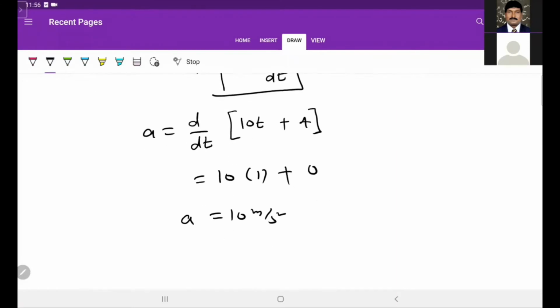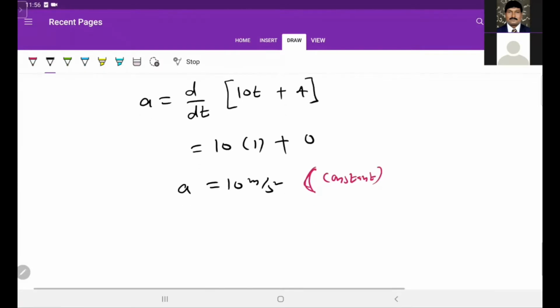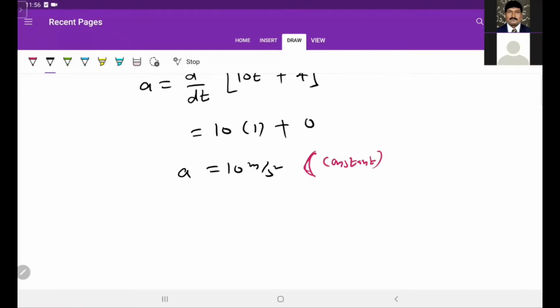It is constant. We are getting constant. So for this situation, we can use kinematic equations because acceleration is constant.